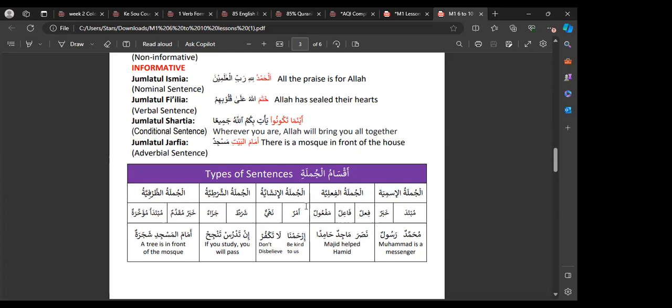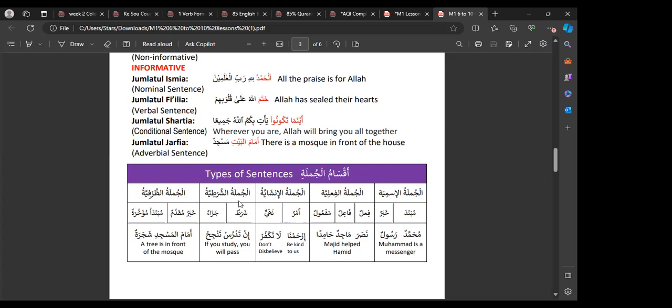Jumlatul Insha'iyah, Amrun or Nahi, so a command to do something, Amrun, the imperative, the command to do something, and Nahi. Irhamna, be kind to us, and La takfur, don't disbelieve. So we have the Amr, the command, and the Nahi.